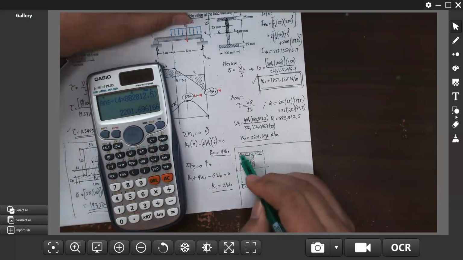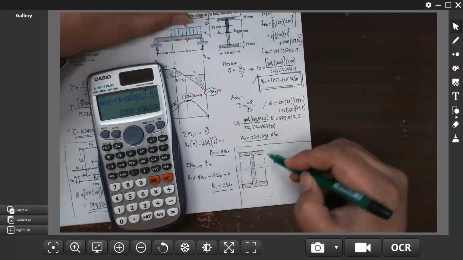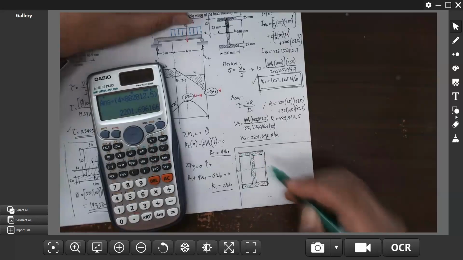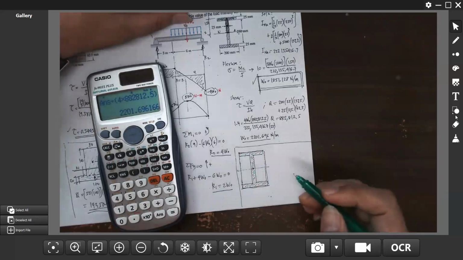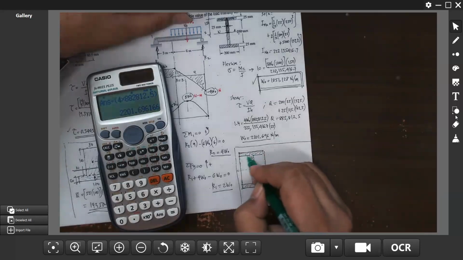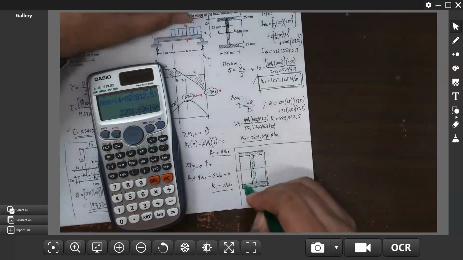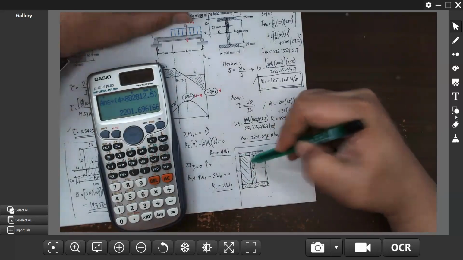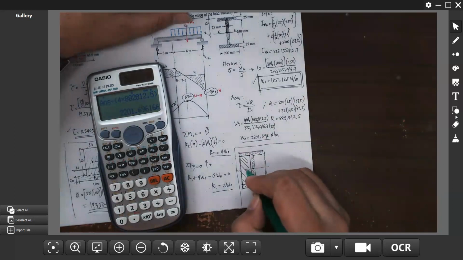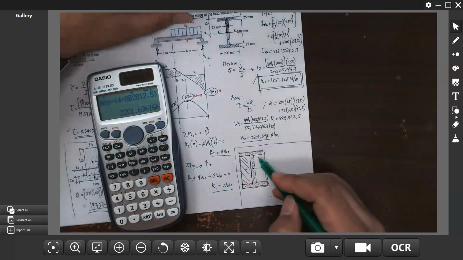Okay. For this one, kanang pinakadako kani ang yung centroid na diri, di ba? Okay. Minus this one. Ang yung centroid na diri. And minus this one.